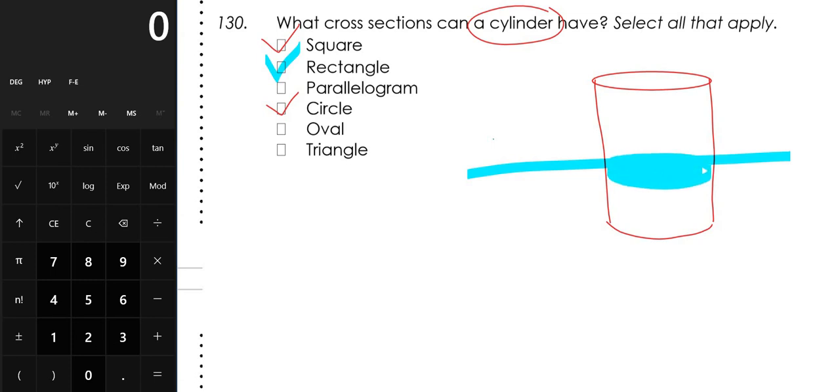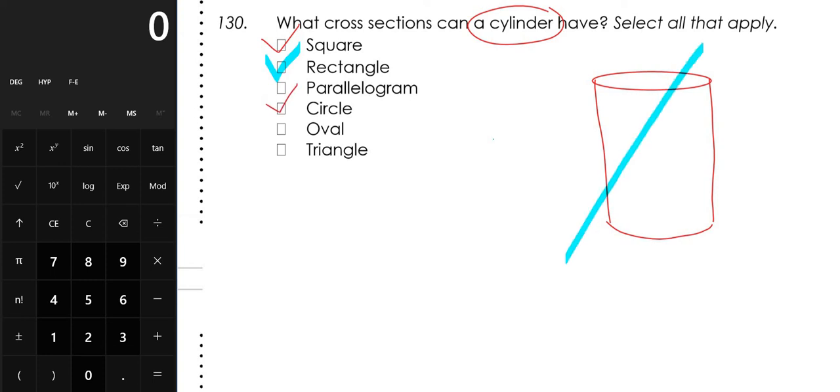The next one said an oval. Okay, now let me get rid of these 2 markings. Put my circle check back. Okay, if I do an oval, if I kind of just slant my plane, you are going to see an oval pop up here.